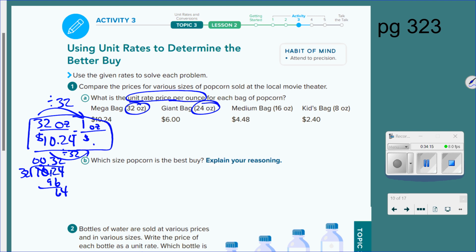Our next one, we have 24 ounces for $6. That's going to go to ounces and dollars. I want to go to 1 ounce for every one of these, so I'm going to divide by 24. Here's where you're going to run into trouble with the calculator, because a lot of you will automatically go 24 divided by 6 is 4.